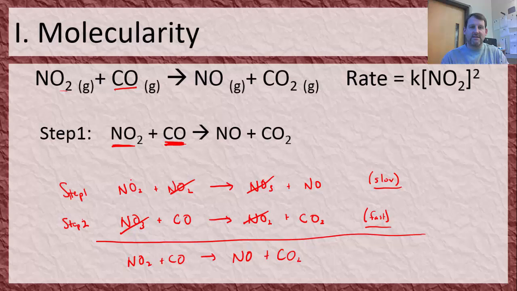And we're like, wow, that's consistent with up here. This is a possible mechanism. This step is totally consistent with the rate law. When we add the steps together, we get the same outcome as our overall chemical equation. So this reaction is happening in two steps, just like this. And we got that from the rate law.